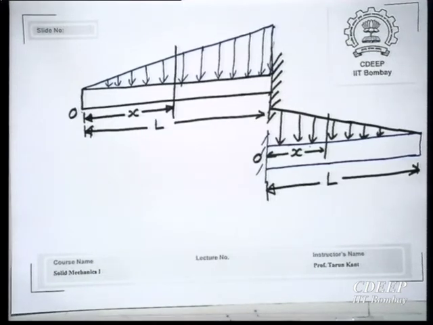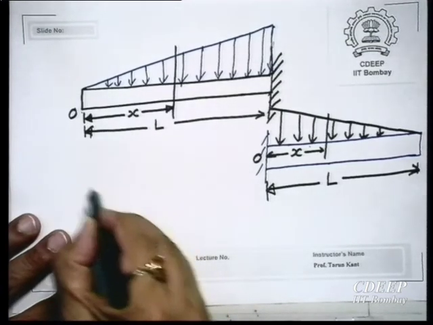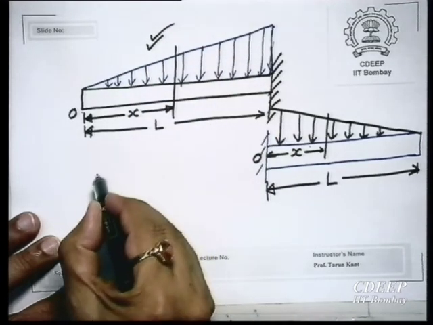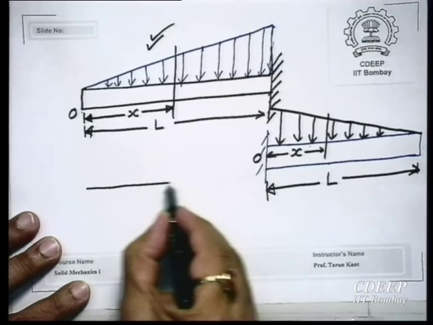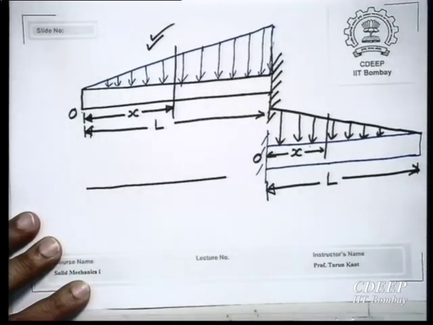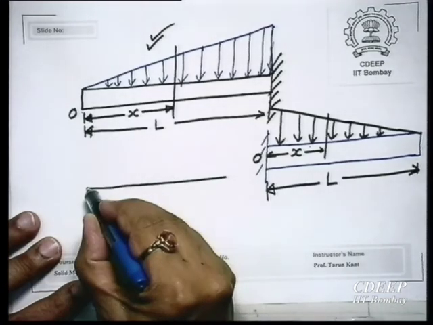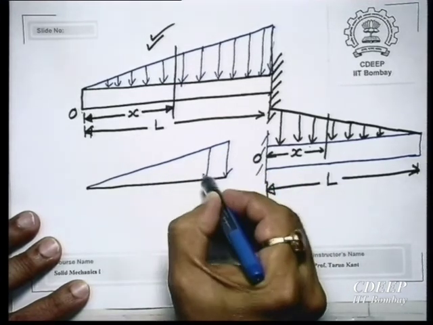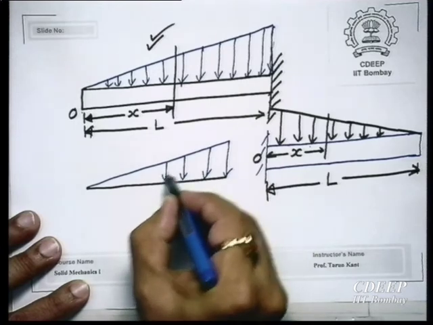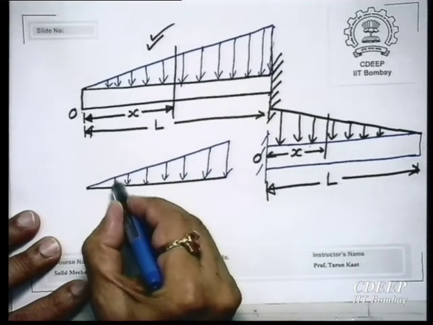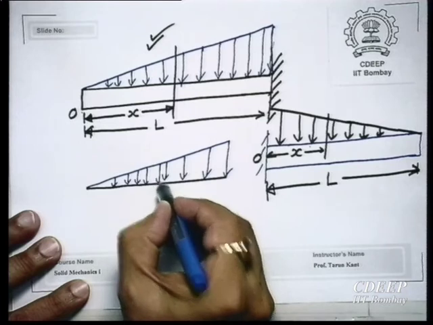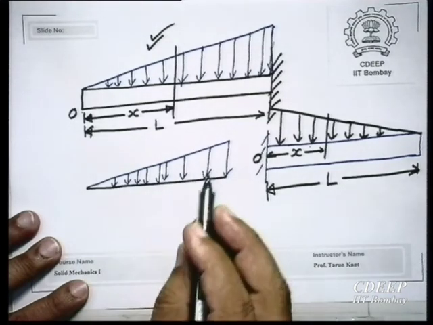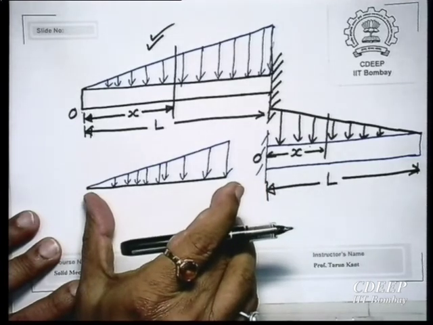So, let us say I want to find out now, first of all, what is the free body diagram? Quickly, the free body diagram. At any support, the beam is loaded and it is not stable unless you put the support.